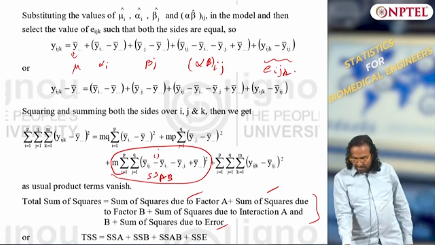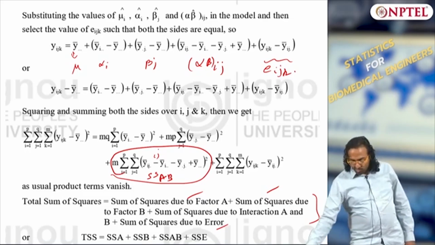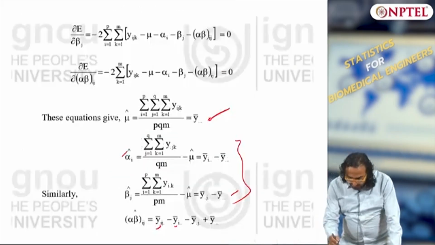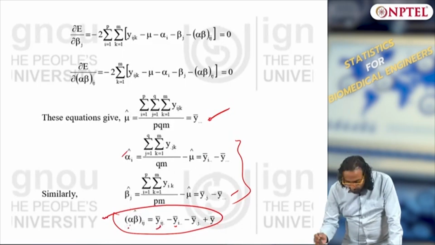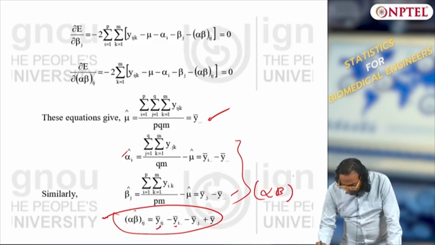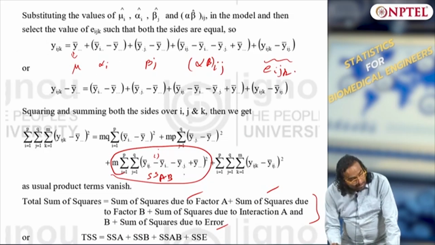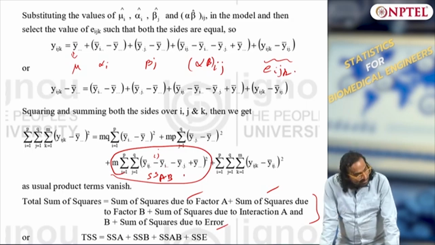So this is my AB interaction effect. Look at this, how did we get this? Because we estimated alpha beta to be here, this is my alpha beta. So the moment I write alpha beta, the whole squared, that itself is this term, where means are getting subtracted. Clear?